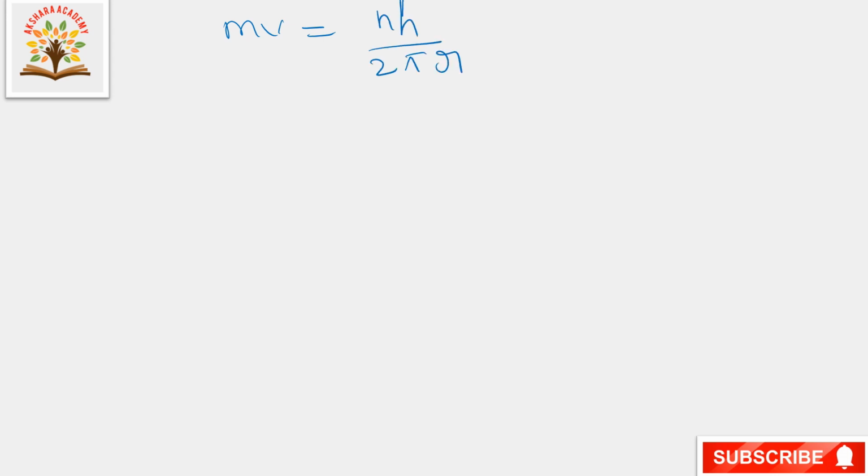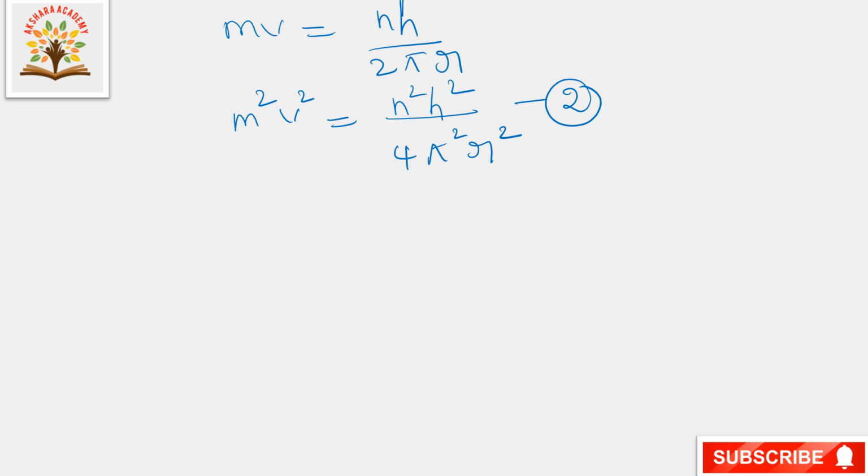2 pi r. Squaring on both sides, m square v square is equal to n square h square by 4 pi square r square. Consider this as equation number 2.